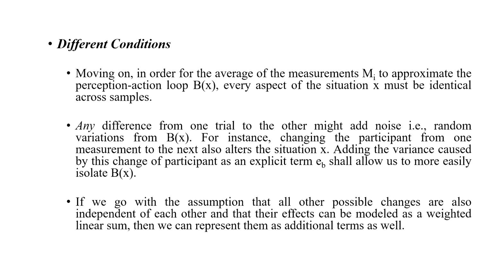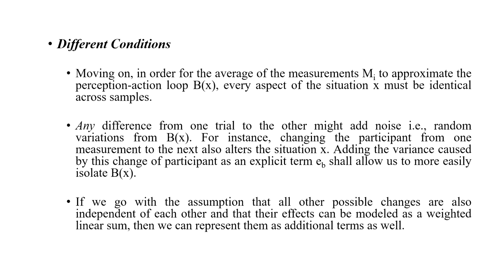Now, if we go with this assumption that all other possible changes are also independent of each other and can be weighted linearly and added together, then we can also have an error term with respect to the different conditions in the experiment. Remember, I was saying if we have more conditions, even more measurements are required.